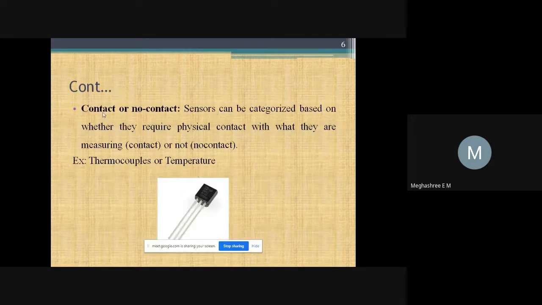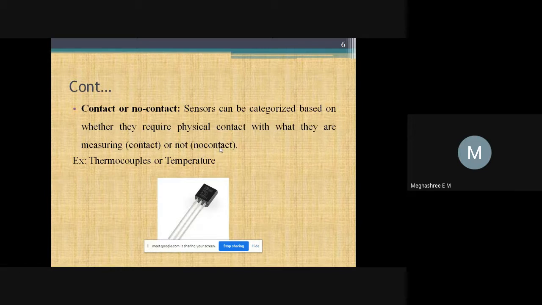Fine. Next category is contact or no contact. Contact means physical contact with what they are measuring. Let's say temperature. This is an example of a temperature sensor, which will be in physical contact with the surroundings. Such sensors fall under contact sensors.